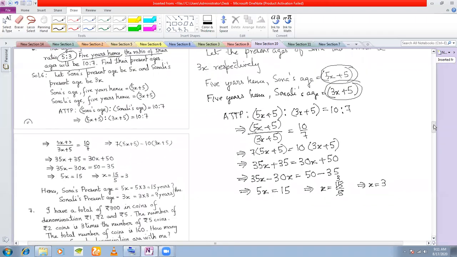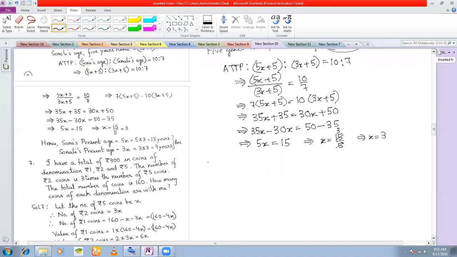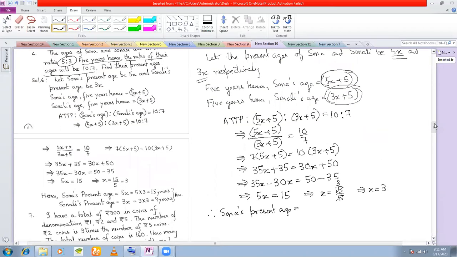Okay, so you've got x. Now the question is, find their present ages. Their present ages were 5x and 3x. Therefore, Sona's age, what was Sona's? 5x.